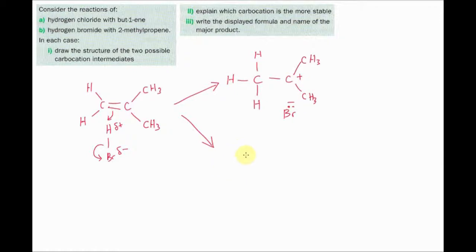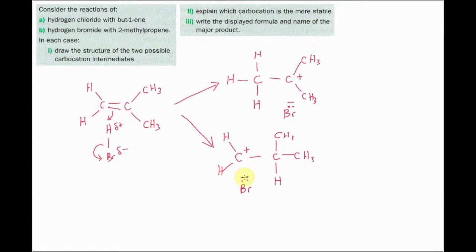Our other intermediate then will be the other way around. The hydrogen's going to add on to this carbon like this, and it's going to leave the positive charge on this carbon, carbon 1 here, and the bromide will then add on to this one.